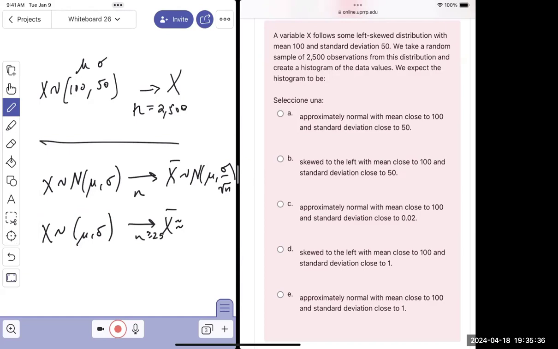So a distribution of the means of the samples. In other words, if I was to calculate this is sample number 1, and I get an X bar from there.